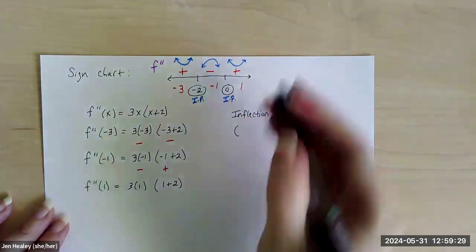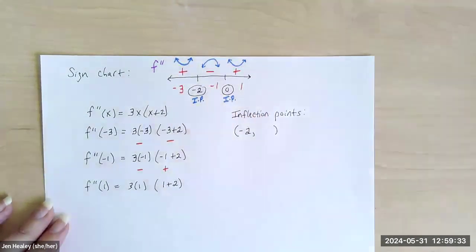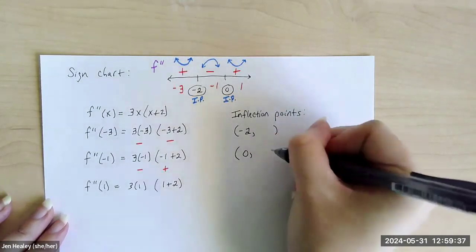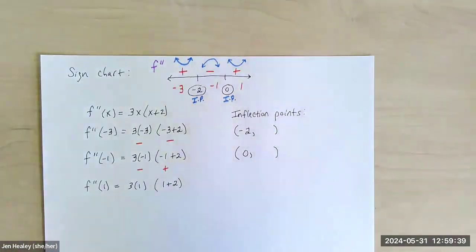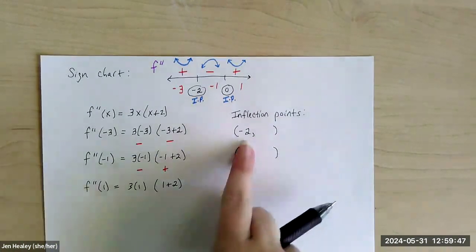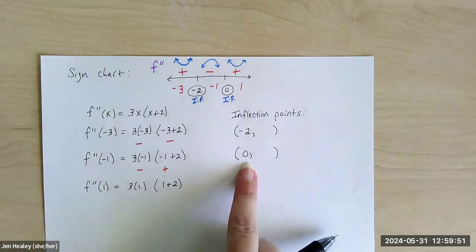One of them is at -2 comma something, and the other one is at 0 comma something. To figure out the something, I have to go back to the original function and plug in -2, and then go back to the original function and plug in 0.